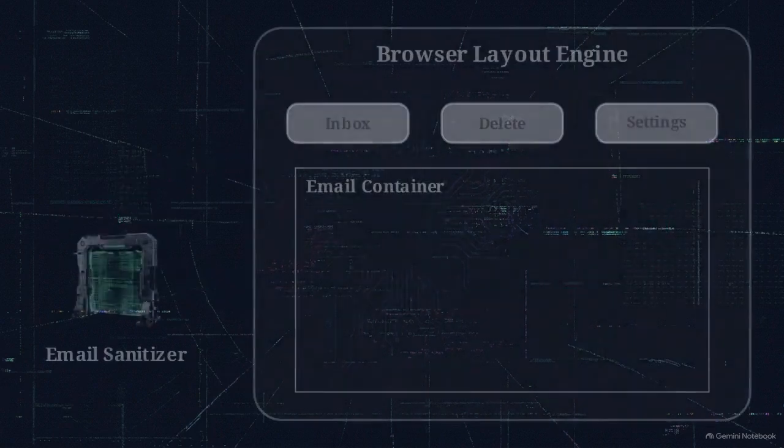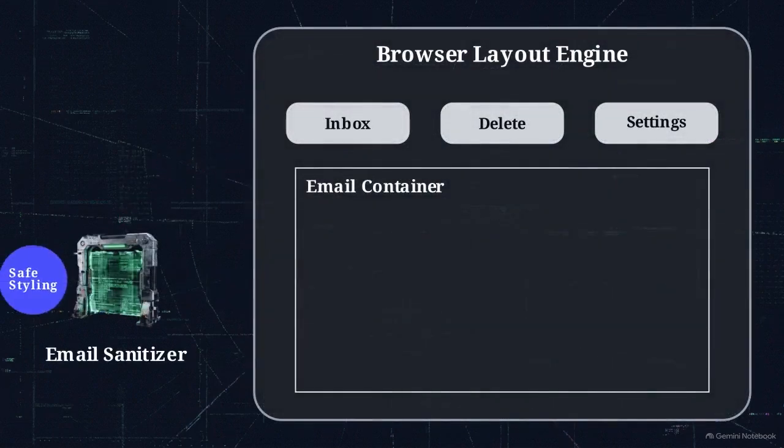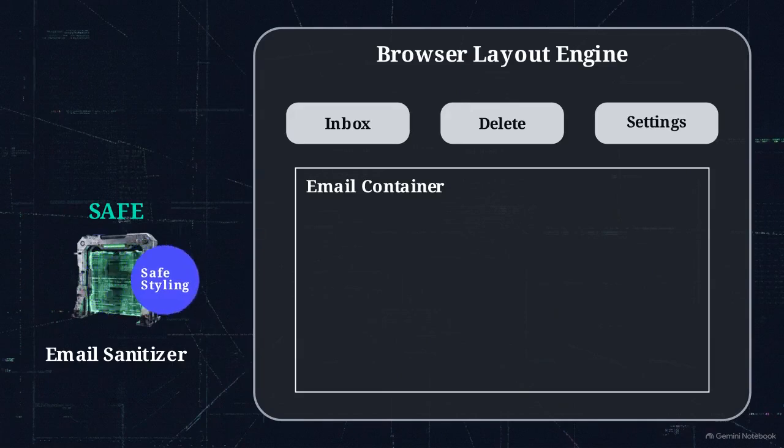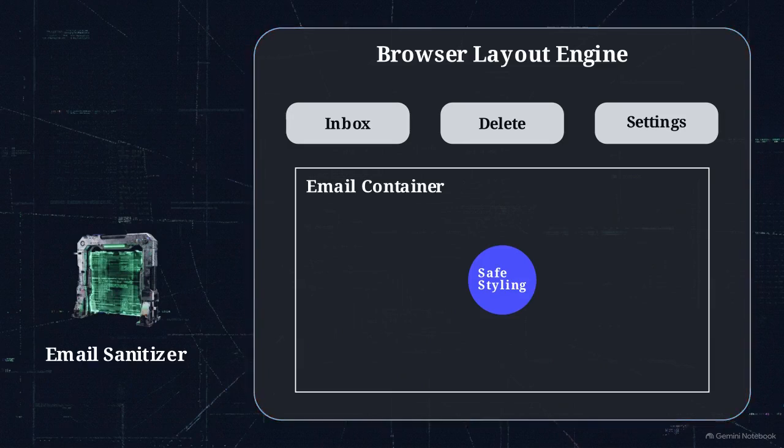This flowchart shows exactly where the exploit lives. A packet of styling code passes through the email sanitizer, which categorizes it as safe. But once it reaches the browser's layout engine, the software that actually draws the web page on your screen, that engine interprets the complex styling instructions differently than the security filter did, mutating into a complex shape.